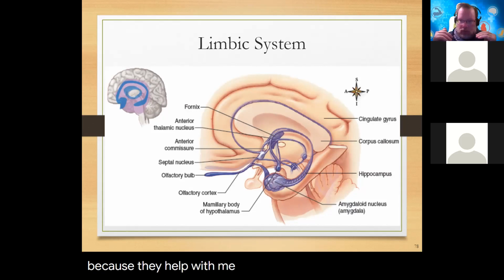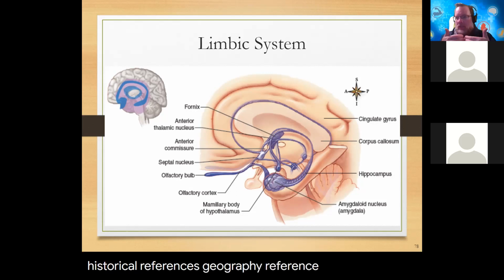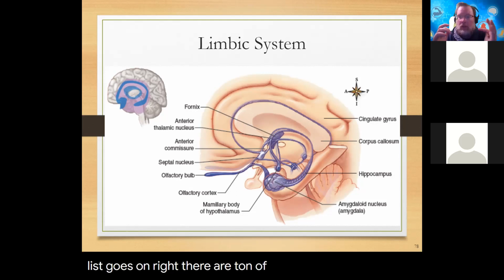A lot of clues in crossword puzzles relate to older popular culture, older historical references, geography references. I mean, the list goes on. There are a ton of different types of crossword puzzles, but we've really been promoting them for years for Alzheimer's prevention.